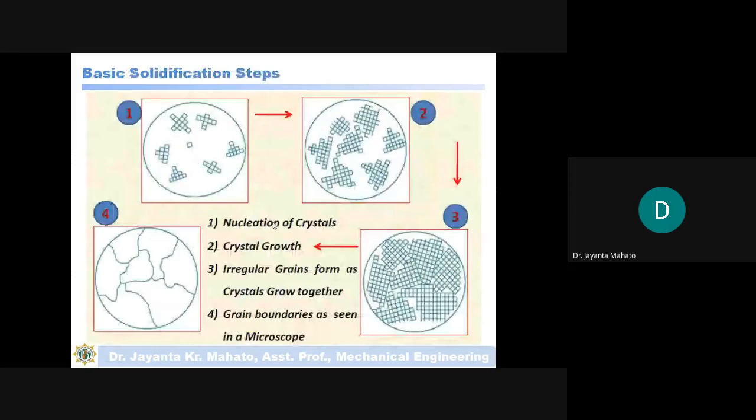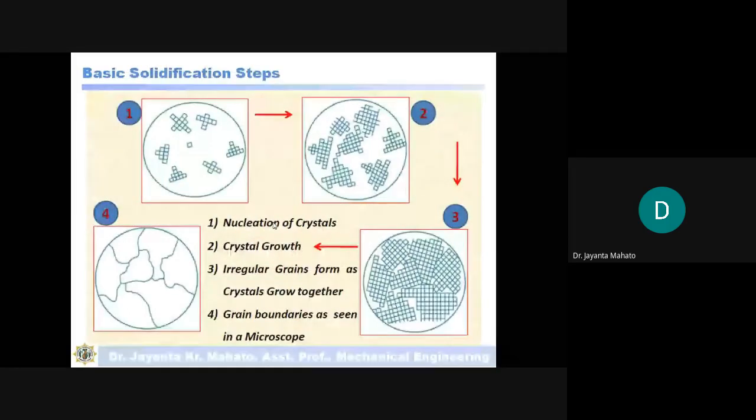So the basic steps involved in solidification: in the first step, nucleation of the crystal.